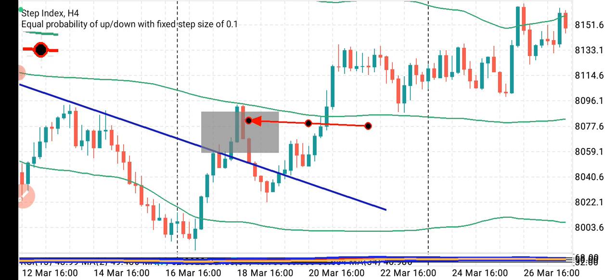Now, another way to notice this particular fake out is the speed in which price used to break the zone. The speed with which price used to approach your trend line as well as break through your trend line should communicate something to you that actually this is a fake out.